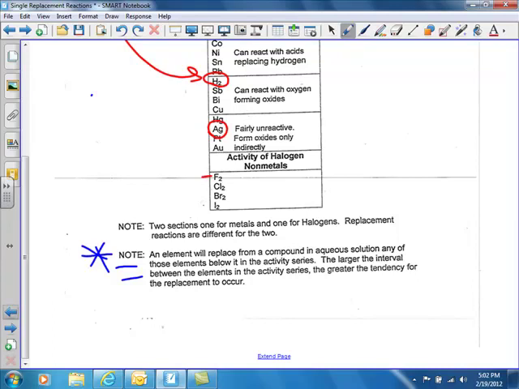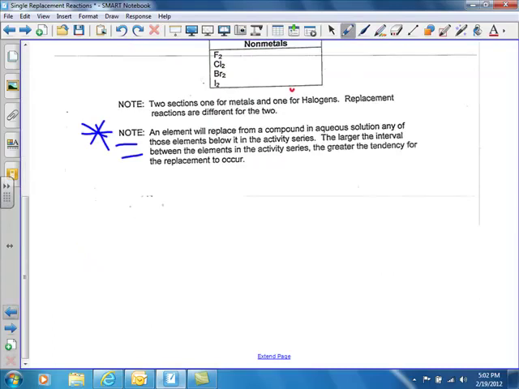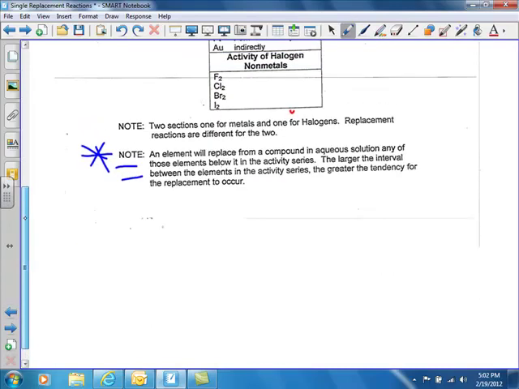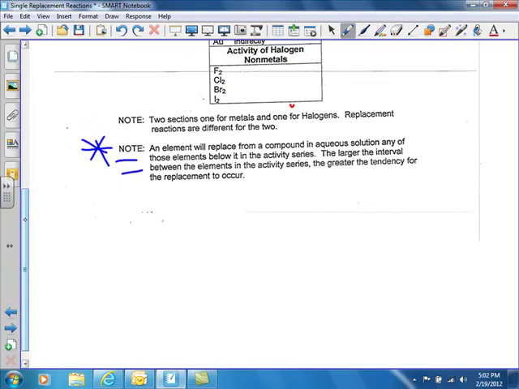So fluorine will replace everything, but iodine replaces nothing in these two. When you start actually putting a reaction here, we'll do a reaction that just deals with halogens. First of all, you'll notice the equation is a little bit different. If I have F2 plus KBr.